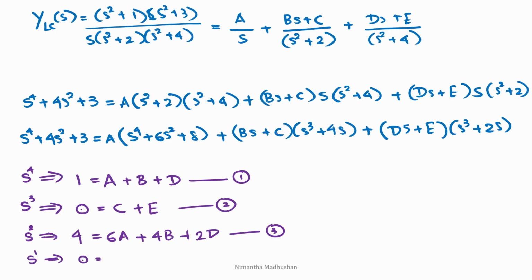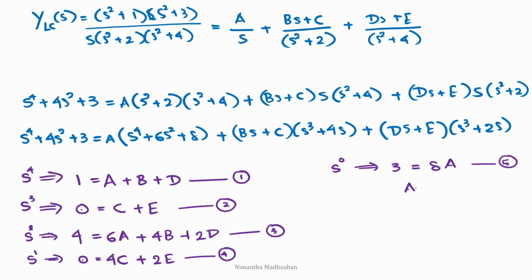From the right hand side, c into 4s, 4c, plus e into 2s, 2e. This is my fourth equation. Then finally s to the power 0, the constant terms. From the left hand side, the value is 3, and from the right hand side, a into 8, 8a. I name it the fifth equation.